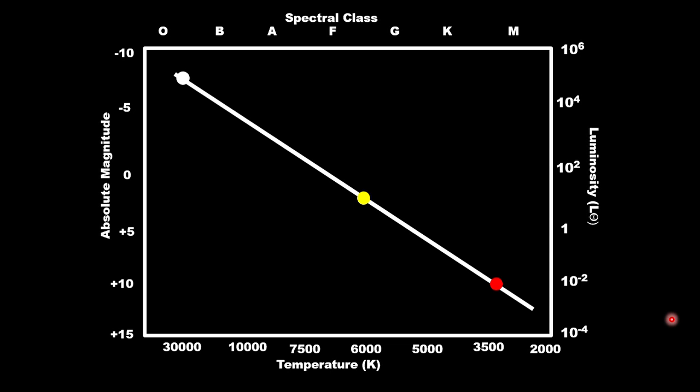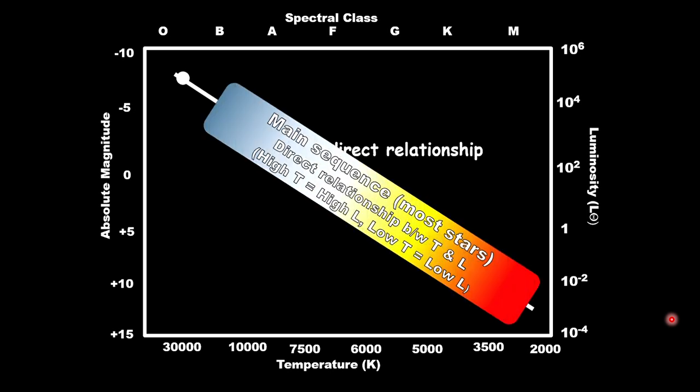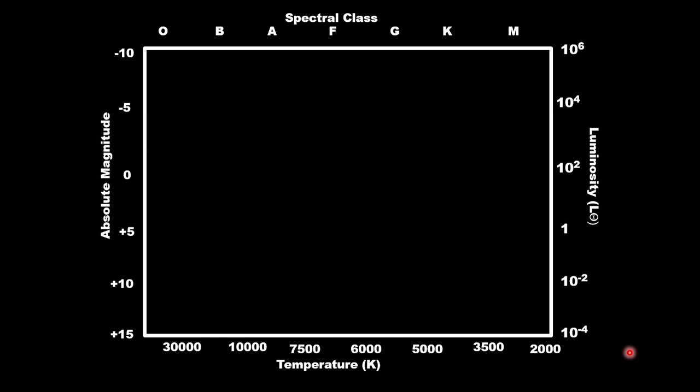And if you remember, they found this direct relationship, and that represented the main sequence, even though it was a band rather than just a straight line. But there was much more to it that gave us clues about the lifetime of stars. And we can see that if we start doing what Hertzsprung and Russell did.